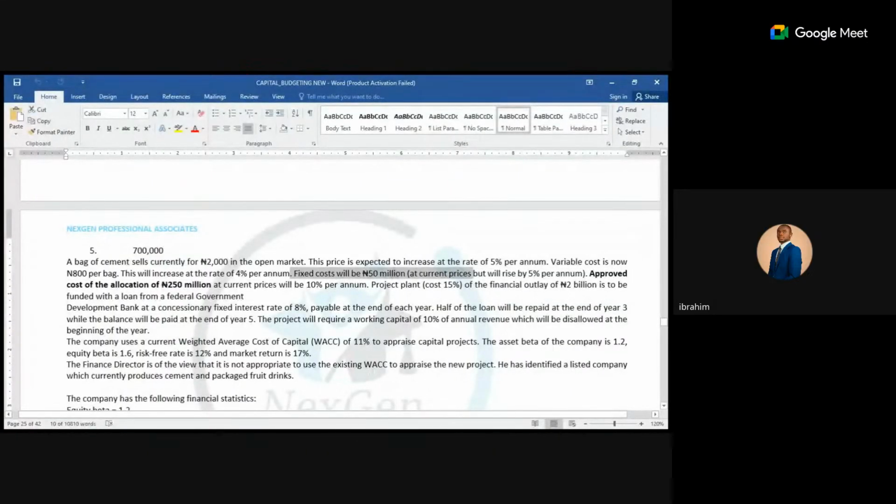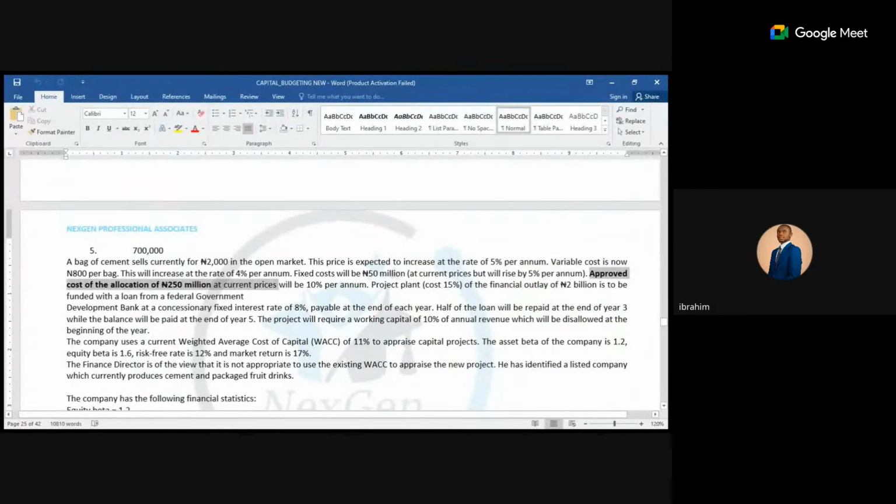Now, when they say something is at the current price, it is what, class? It's not yet inflated. It is at year 0, right? Yes, at year 0, we raise by 5% per annum. So from there, you raise it to the power, per annum, right? By 5%.